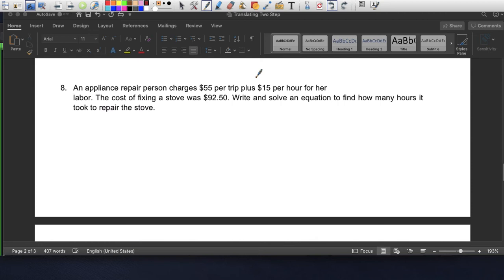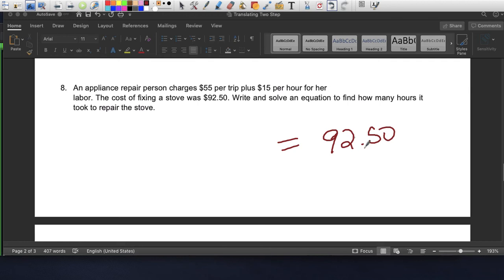I'm going to charge you $55 just to get there. Okay, I'm not even going to fix anything, but I'm already charging you $55. Then on top of it, she's going to charge you $15 per hour that she works there.